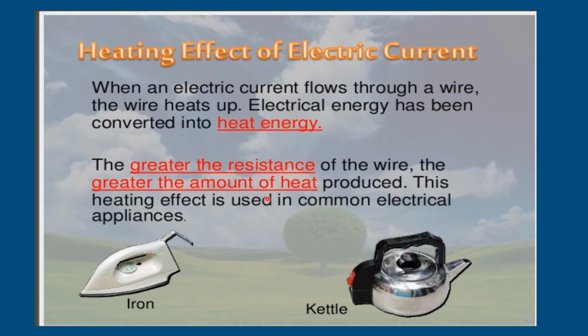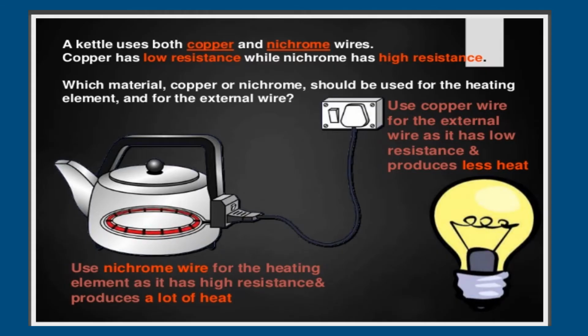So the amount of heat produced in a circuit depends on the resistance of the wire. If the resistance is greater, then the amount of heat produced also is greater. This heating effect is used in common electrical appliances like iron, kettle, oven, toaster and all these.